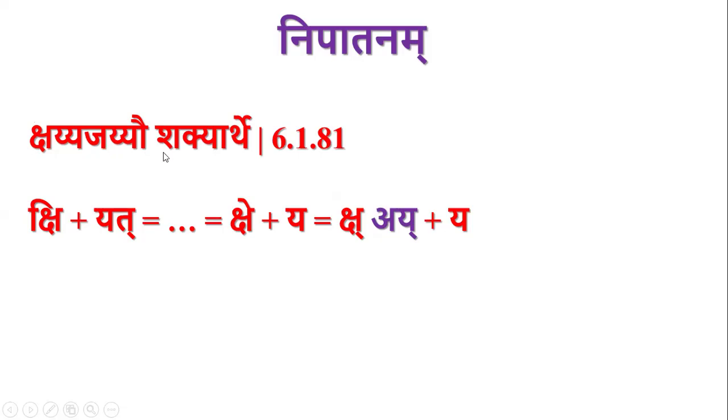Similarly, jaya is a nipatanam. Nipatanam means without giving the prakriya. It doesn't mean there is no prakriya. There will be a prakriya. Suppose there are 10 steps involved in the derivation of that word. The first, second, third, fourth, fifth, sixth, and seventh steps can be derived using some sutras of Ashtadhyayi.